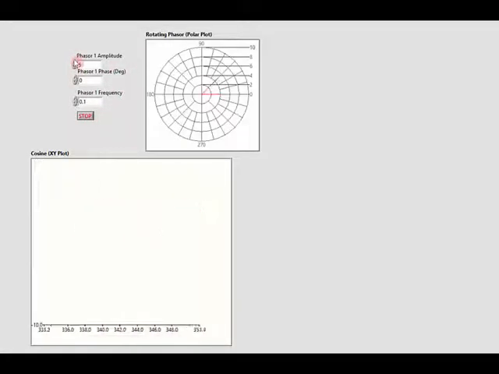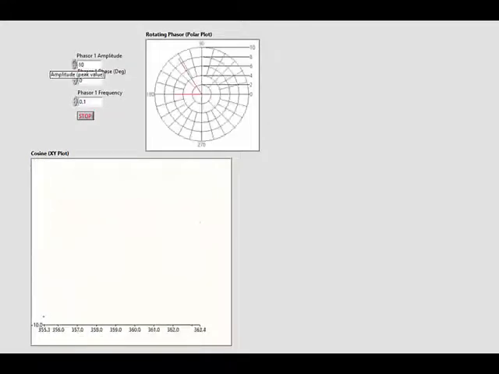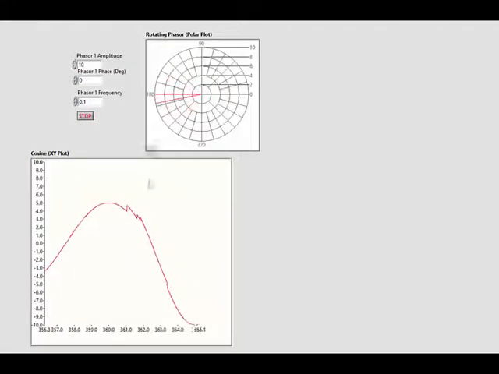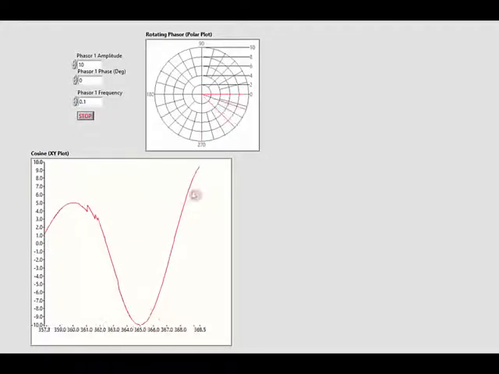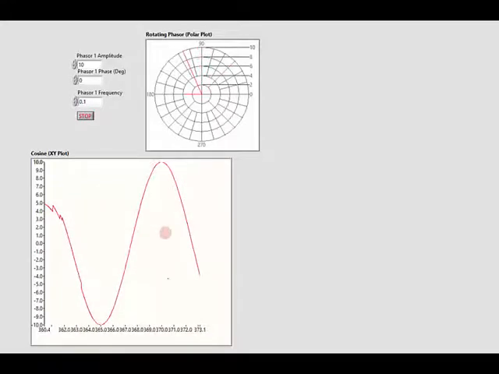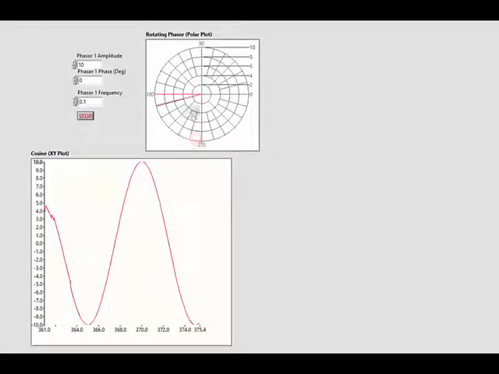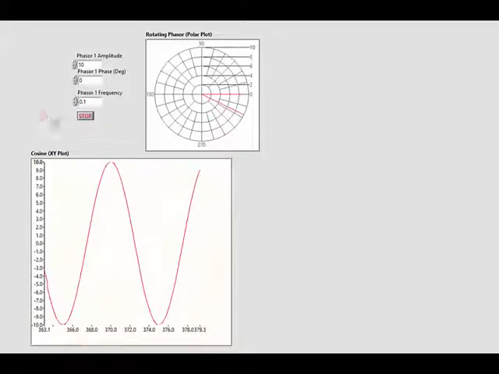There are some small hiccups in this video because of the way I coded it, but first let's change the amplitude to 10. We see the change up here. The associated change is that the amplitude of the cosine waveform also changes to 10 to minus 10. So the amplitude of this vector is reflected in the peak value of the cosine waveform.